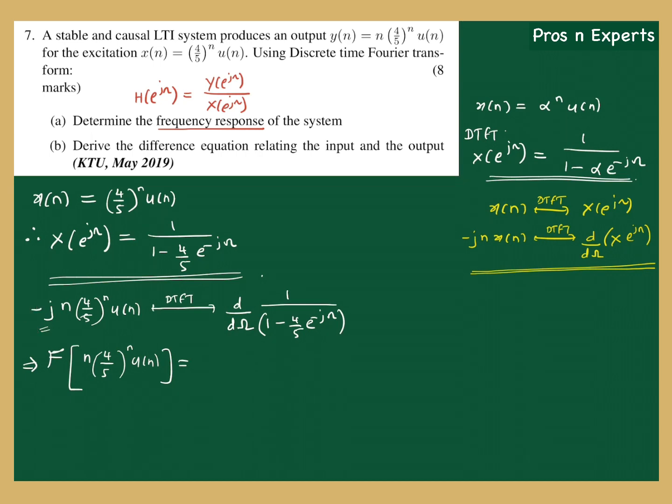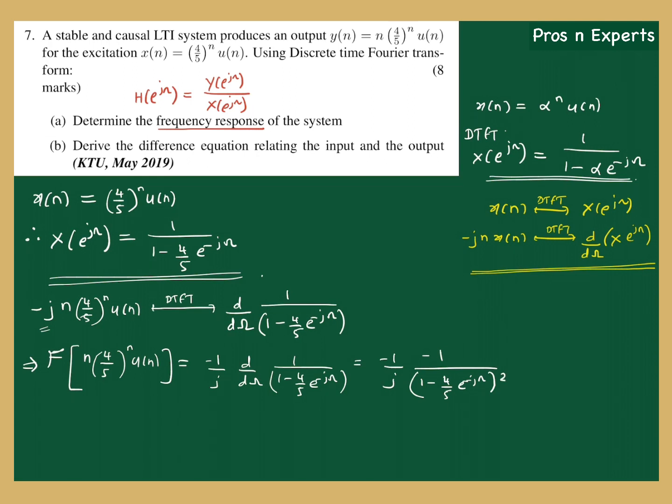So minus 1 by j into d by d omega of 1 by 1 minus 4/5 e raised to minus j omega. And it turns out to be minus 1 by j into minus 1 by (1 minus 4/5 e raised to minus j omega) the whole squared.